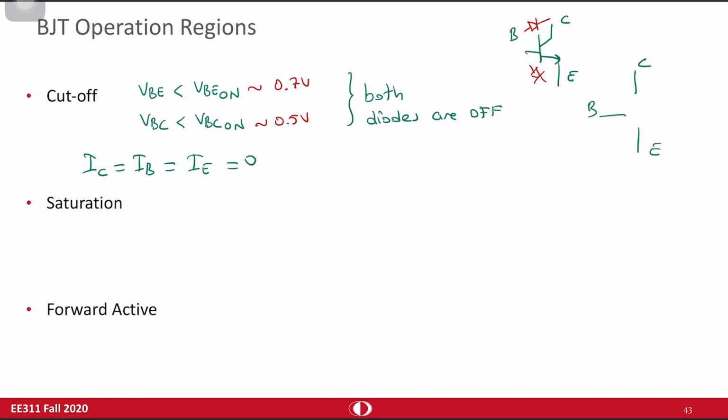For saturation, both the base-collector junction and base-emitter junction are on, which means that VBE is equal to VBE on, and VBC is equal to VBC on.